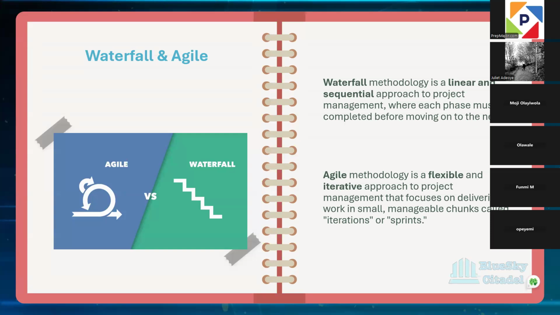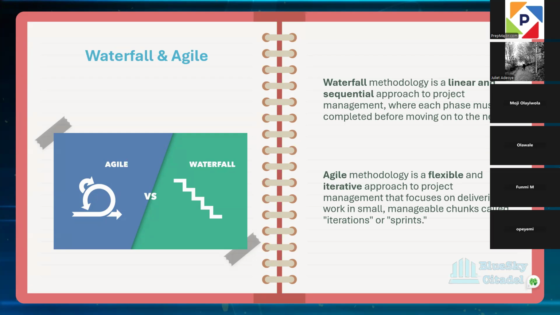Agile, however, is a method that is flexible and uses an iterative approach. Iterative just means a repetitive approach to project management, and it focuses on delivering work in small manageable chunks, which are called iterations or sprints.